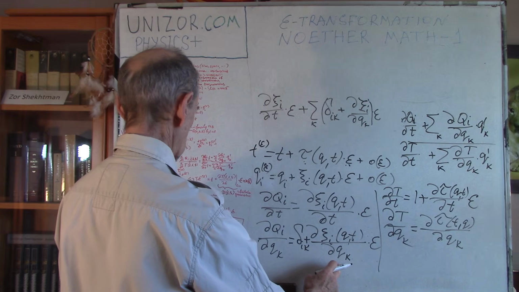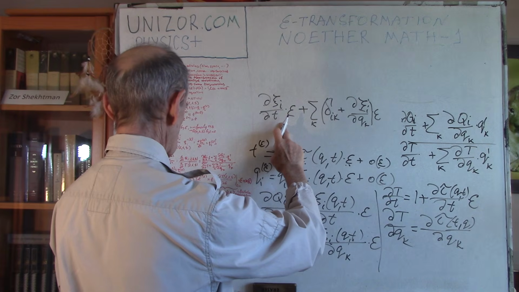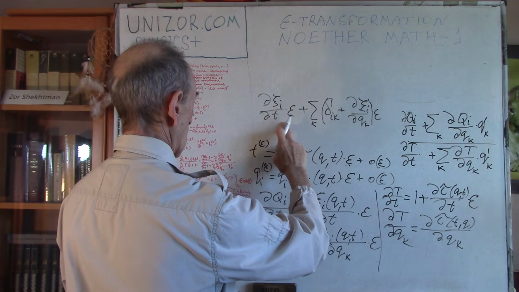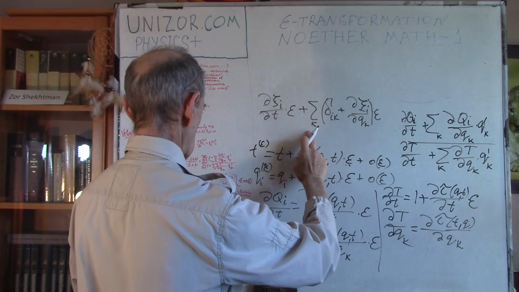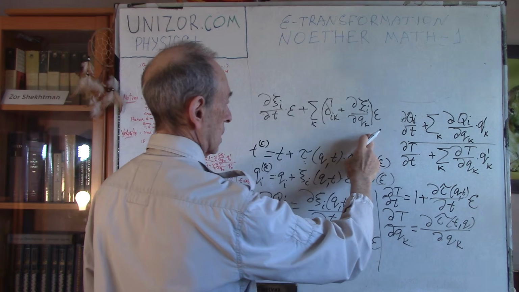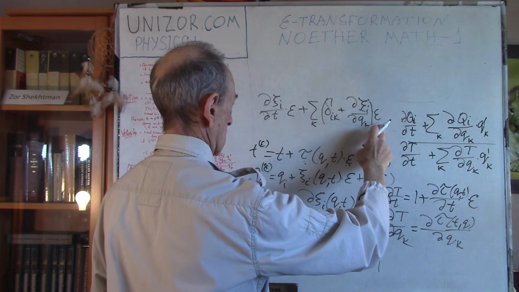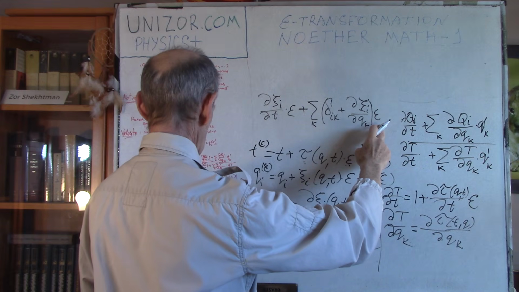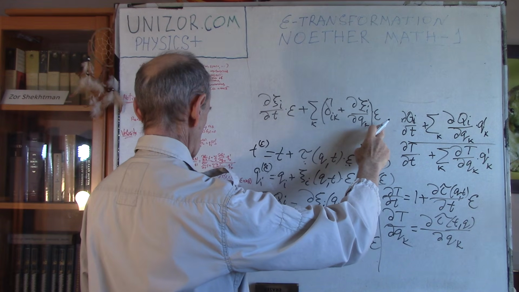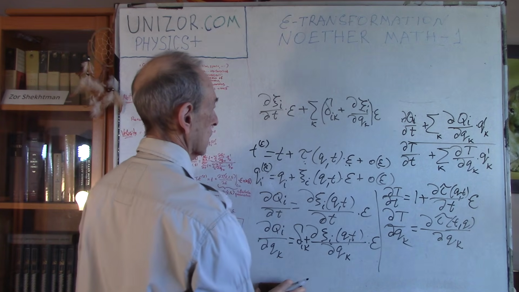So I put d plus dk plus sigma. Why did I put this one? Oh, that's my mistake.